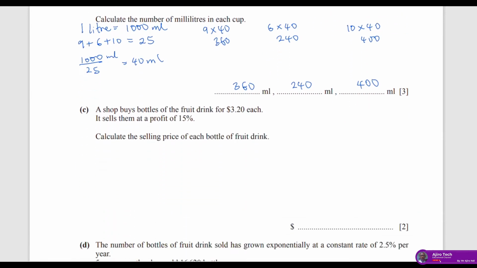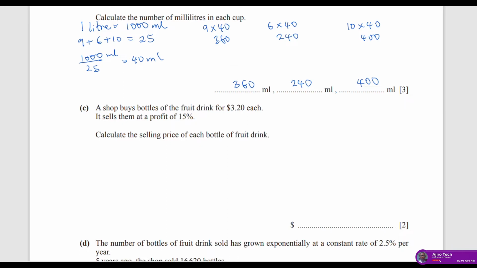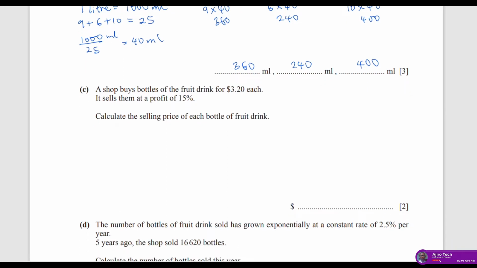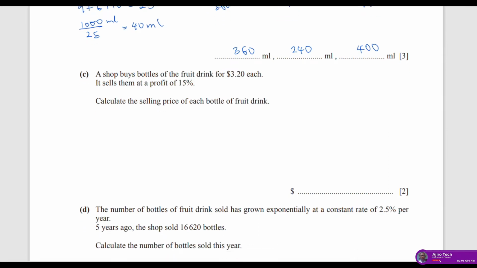Now let's look at the C part, the 1C. A shop buys bottles of fruit drinks for $3.20. It sells them at a profit of 15%. Calculate the selling price of each bottle.